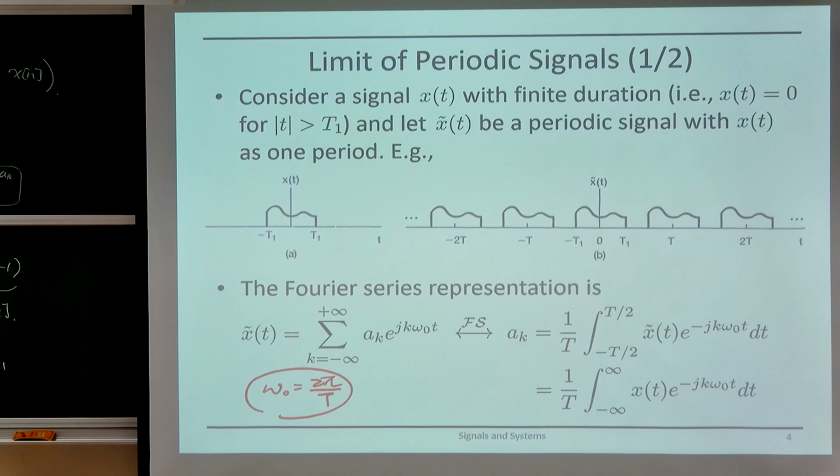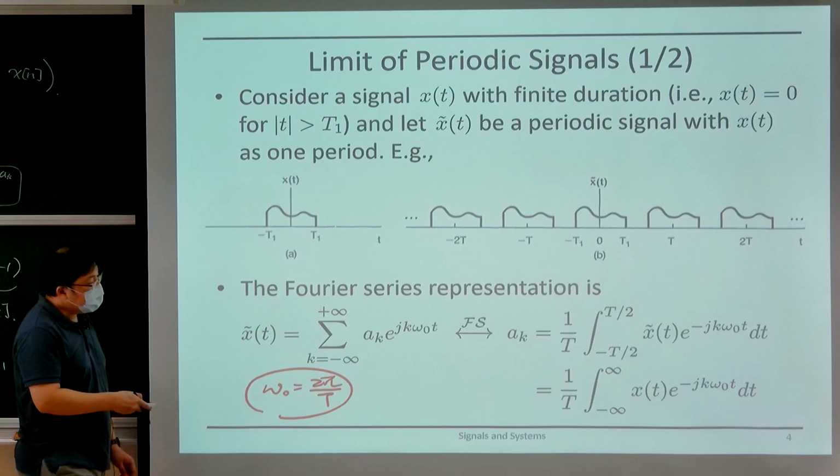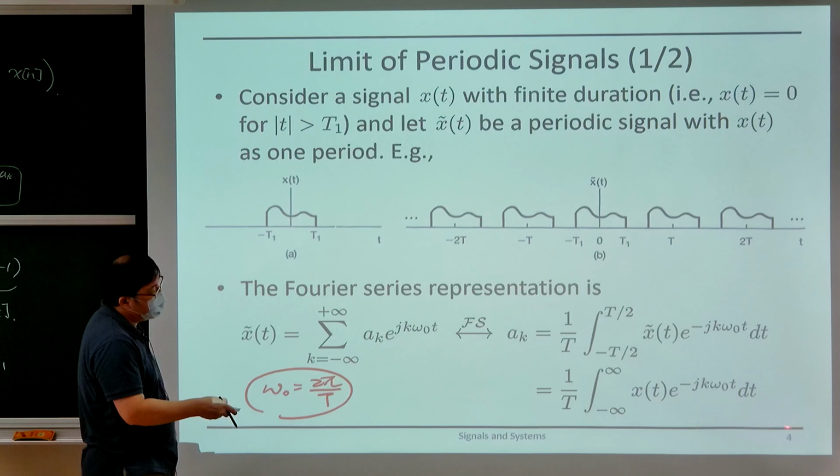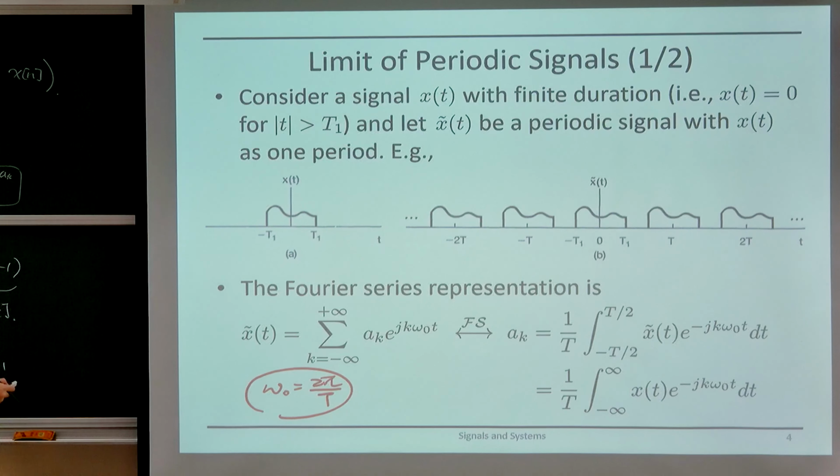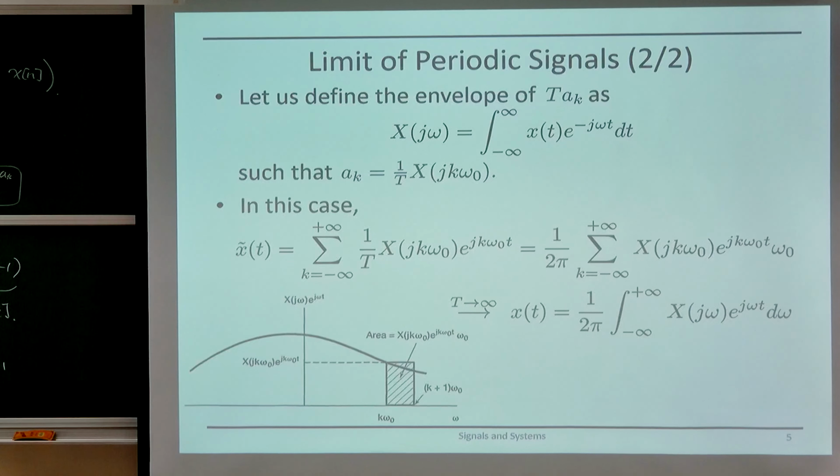Now, this integral is very important to us. So let us define this integral as capital X of j omega, which is the integral of x of t times e to the minus j omega t dt.